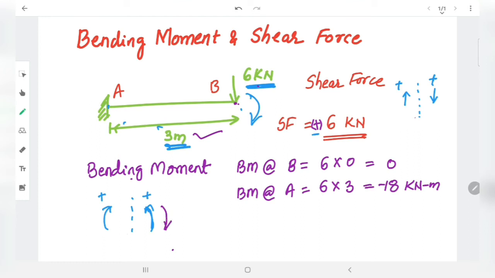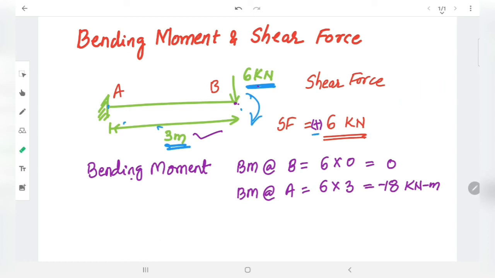Our moment is in this direction, so this will be negative. If it is left side anti-clockwise, this will be taken as negative, and for right side if it is clockwise, it will be taken as positive. Don't be in confusion, just follow these things.